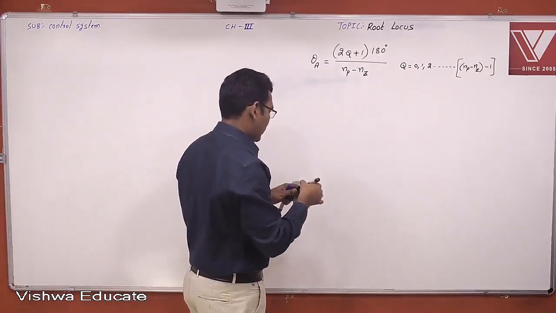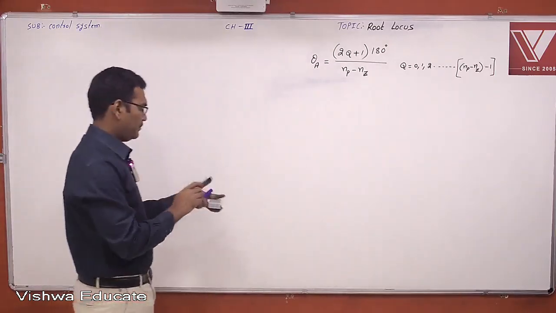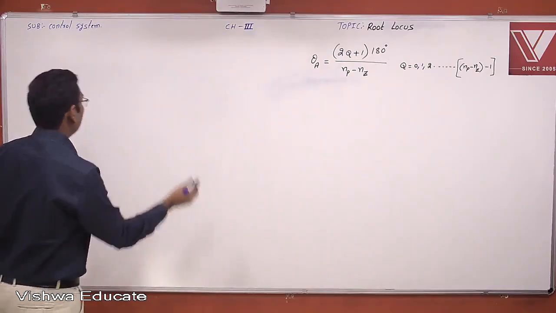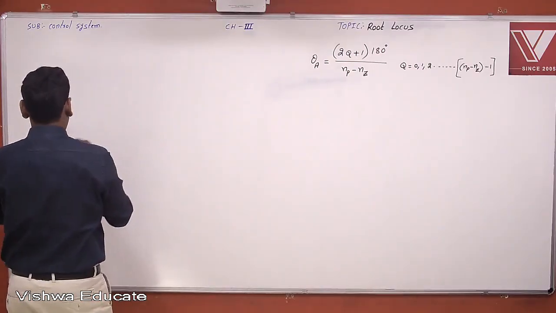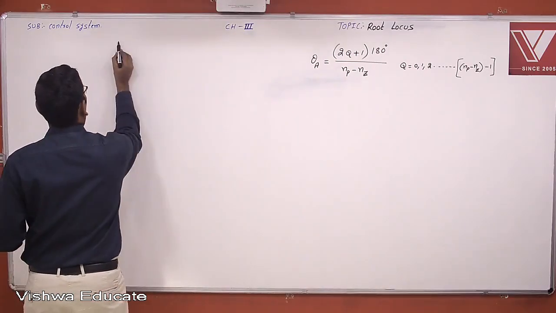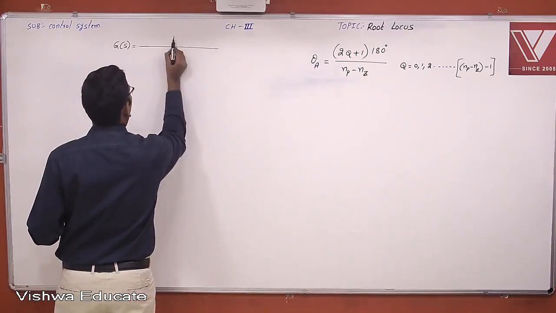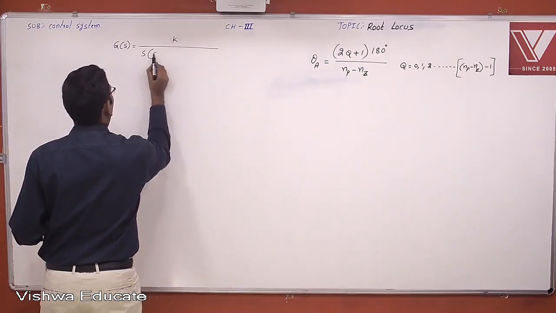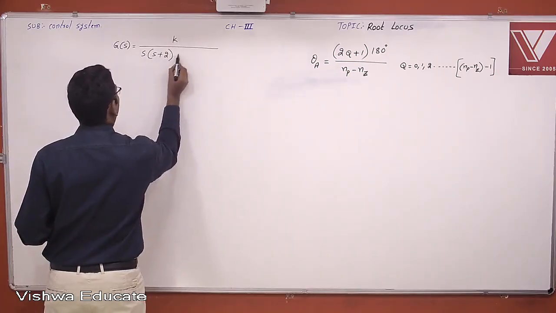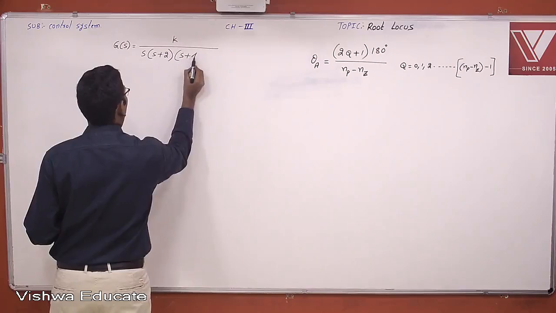Now let us check with one small problem. The first problem: G of s equals k by s into (s plus 2) into (s plus 4).